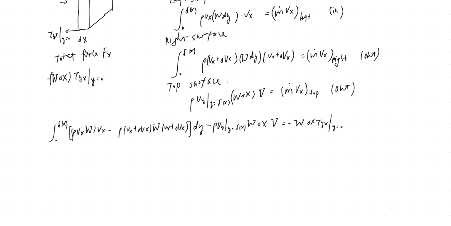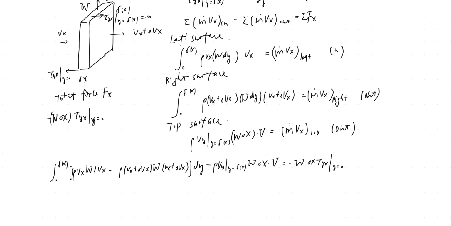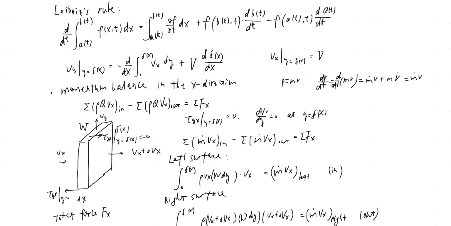So clean up this equation, taking the leading order divided by delta x, set delta x to go to 0, use the Leibniz condition again, and also use the result from our mass balance, which is the equation for Vy. Just use everything you have, and then you will clean it up.